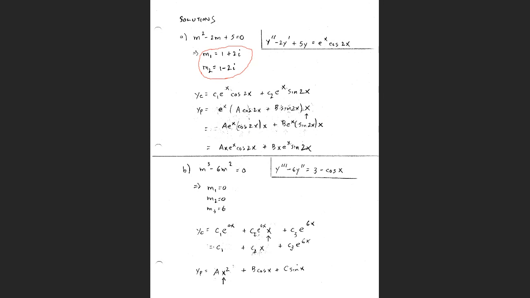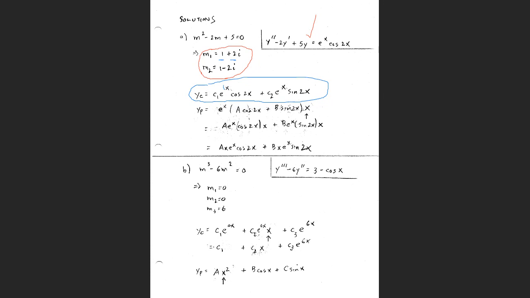And I wrote the differential equation down just for reference. So based on what you learned in section 4.3, your complementary function is going to be c1 times e to the 1x power cosine of 2x. Notice you got a 1, that's your alpha, and a 2, that's your beta.